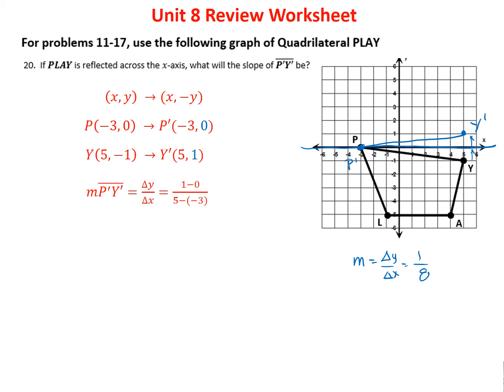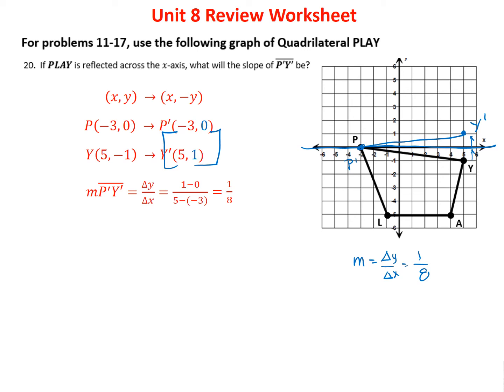And so if I'm doing the slope this way, my slope is going to be the change in y, which is 1 minus 0, over 5 minus minus 3, which becomes 1/8, just as we thought.